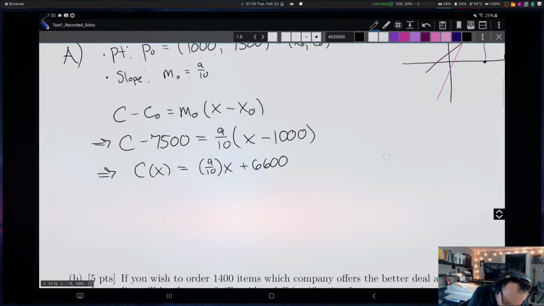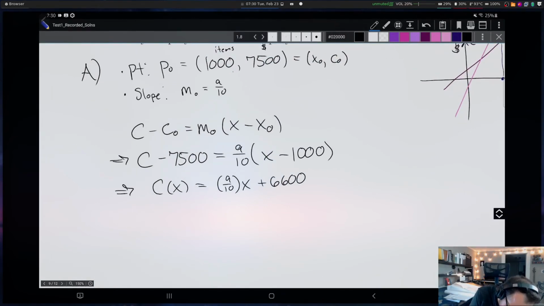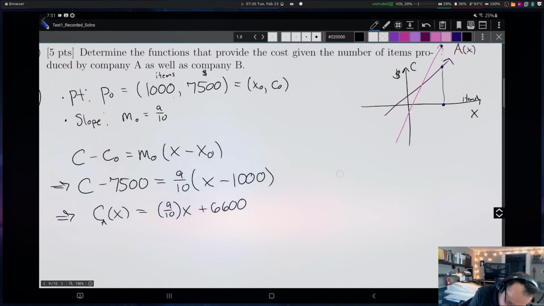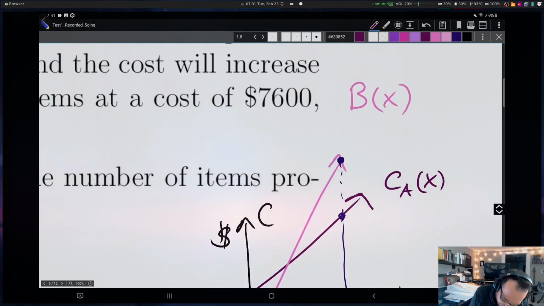And now we have an equation, c of x. Let's go ahead and call this c sub a of x to denote that this is the function associated with company A. So the cost of company A as a function of x.